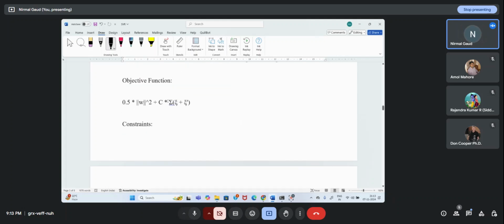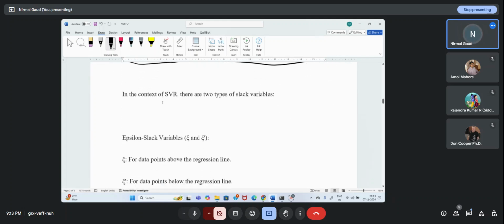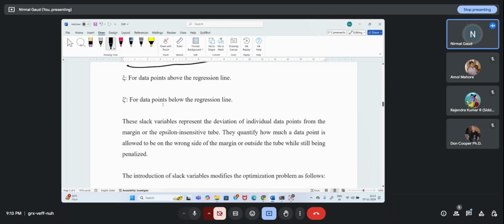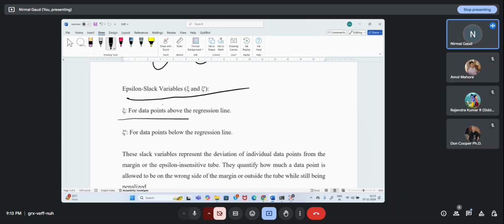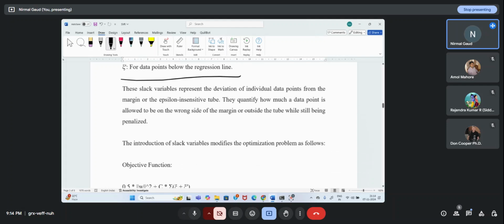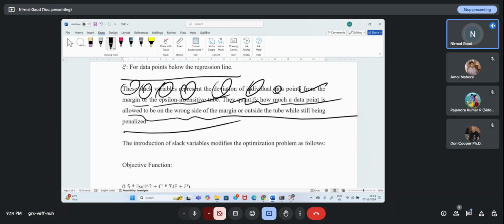So in the context of SVR, there are two types of slack variables, slack and slack dash: slack for data points above the tube, slack star for data points below the tube. These slack variables represent the deviation of individual data points from the margin. They quantify how much a data point is allowed to be on the wrong side while still being penalized. How much?